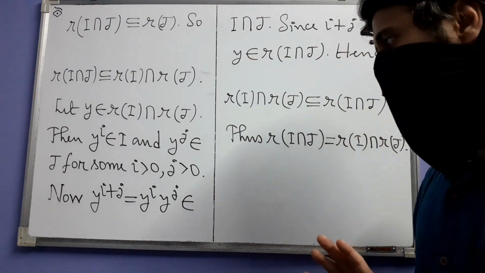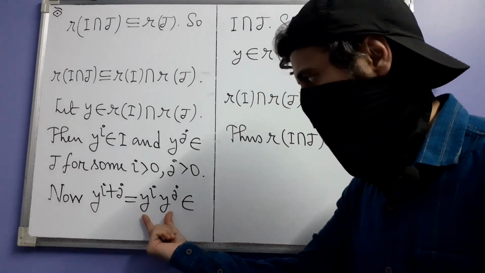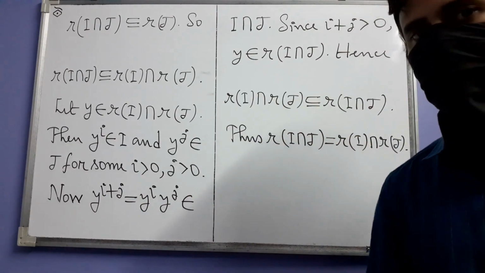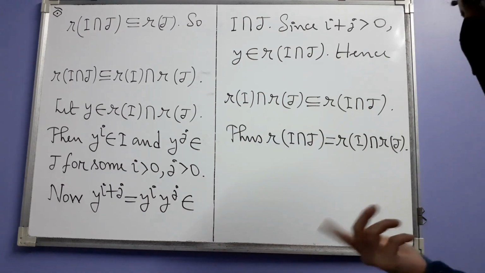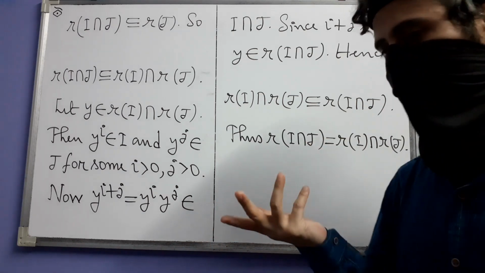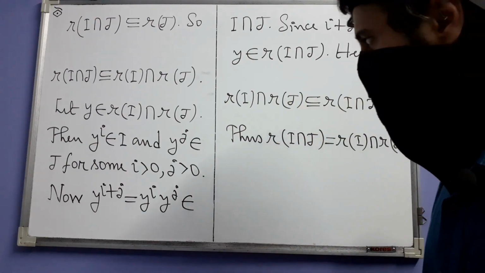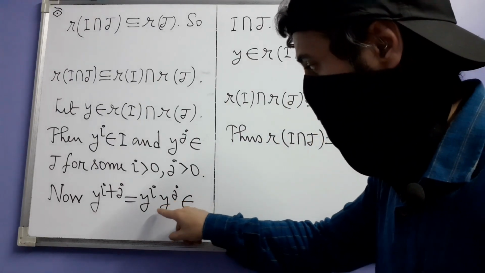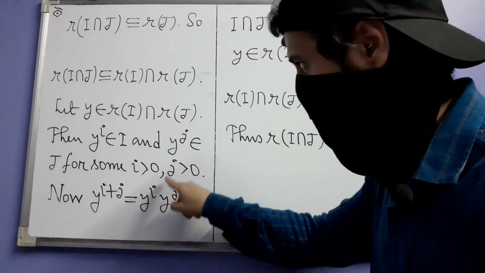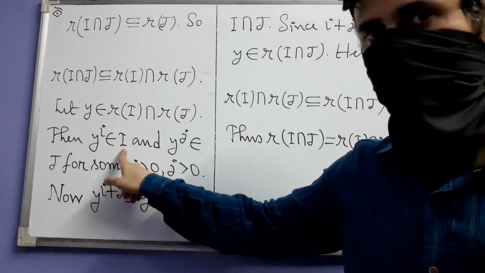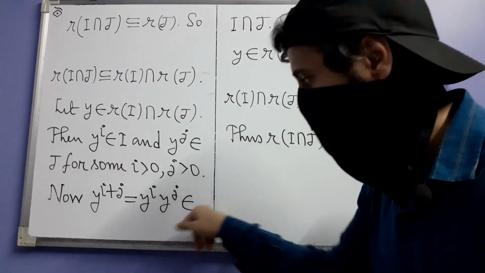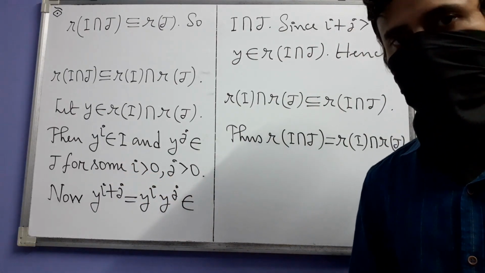Now what happens? You can view this product in two different ways. Actually it's a single product, but you can look at it in two slightly different ways. You can view this product as the product of this element of the ideal I by some ring element y to the power j.